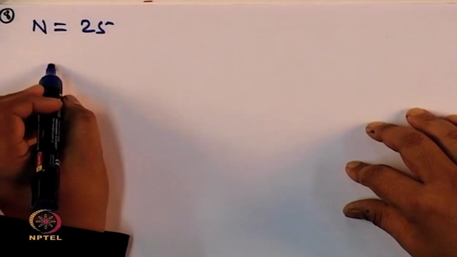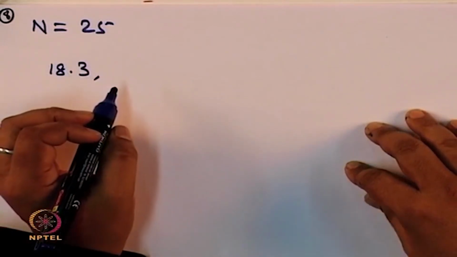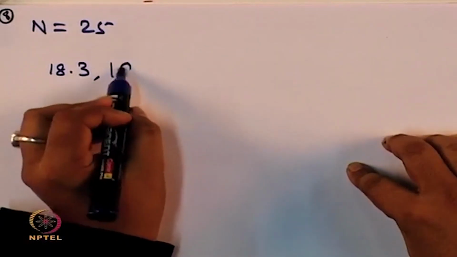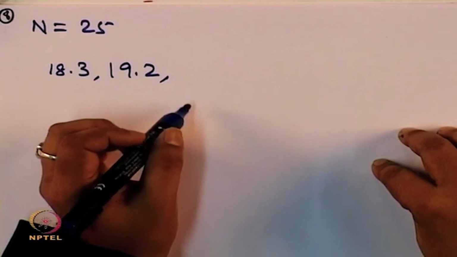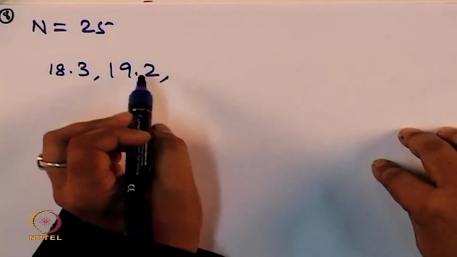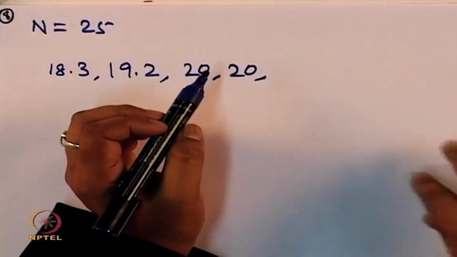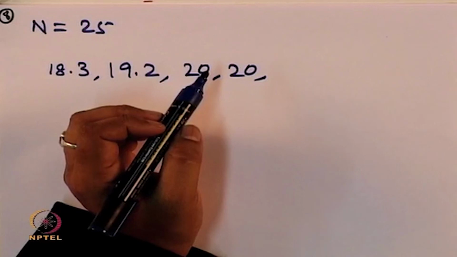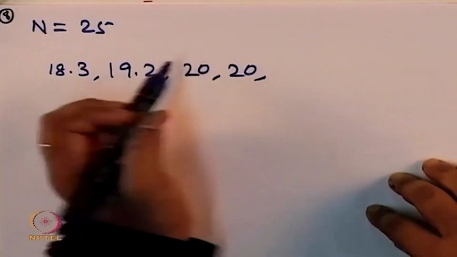My lowest number is 18.3, the next highest number is 19.2, then 19.2 again, then you have 20, 20, 20, 20. I have 21 here.